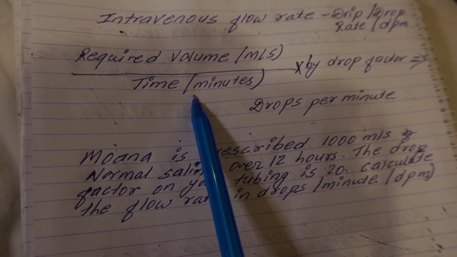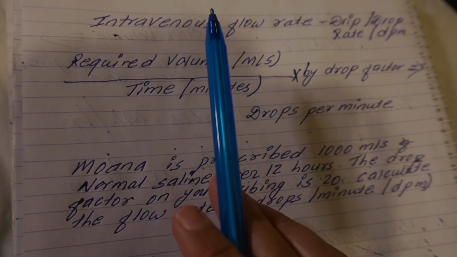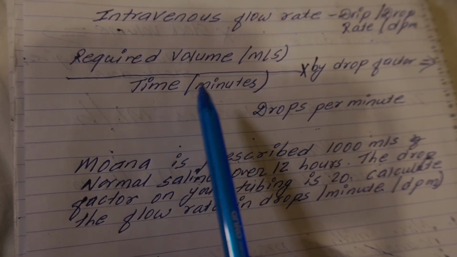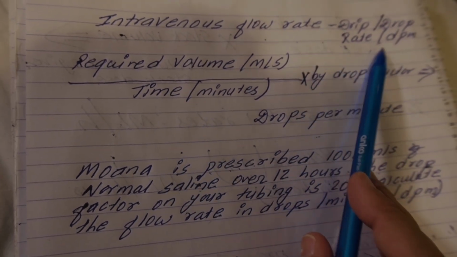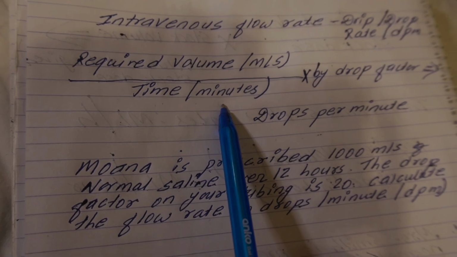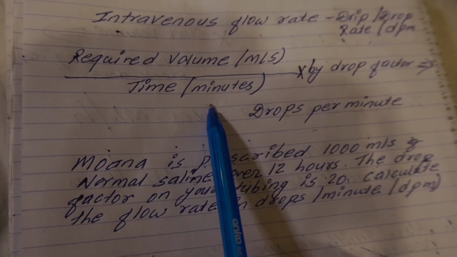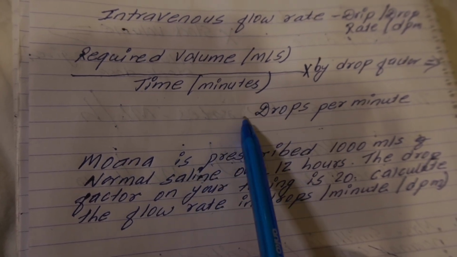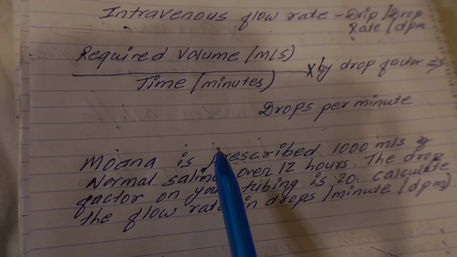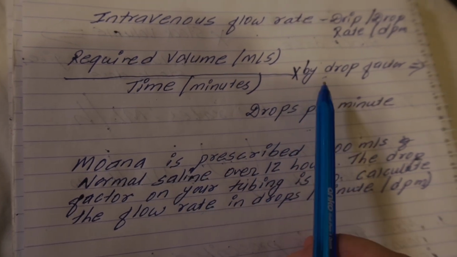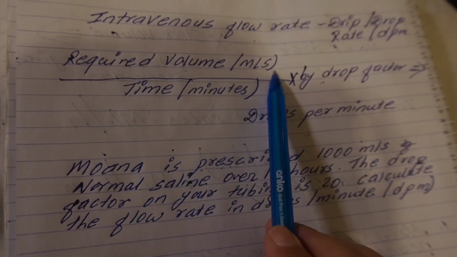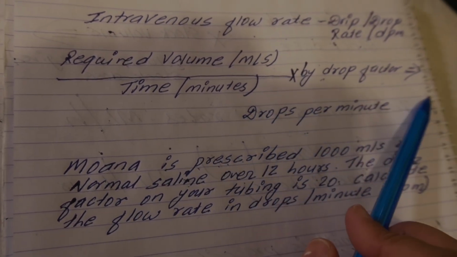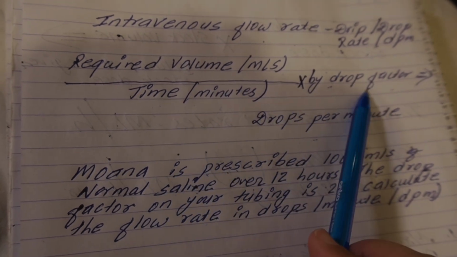In the flow rate of ml per hour, the time is in hours, and in drip drop rate, the time is in minutes. In 1 hour there are 60 minutes. So we need required volume in mL over time, times the drop factor. You need to remember this formula, drop factor.